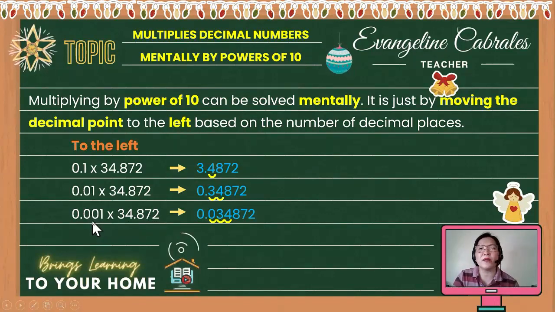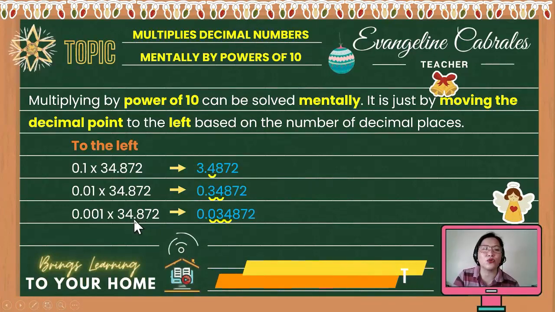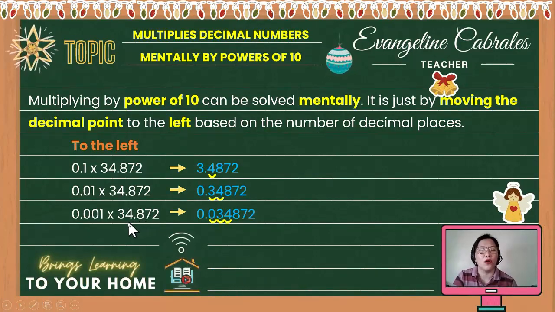Ilan ang decimal places dito? 3. So, ilang beses iuusod? 3. Papunta saan? Kaliwa. So, mula sa decimal point na nasa pagitan ng 4 at 8, iuusod mo siya ng 3. 1, 2, 3. Paano yon kapag kulang ang digit?